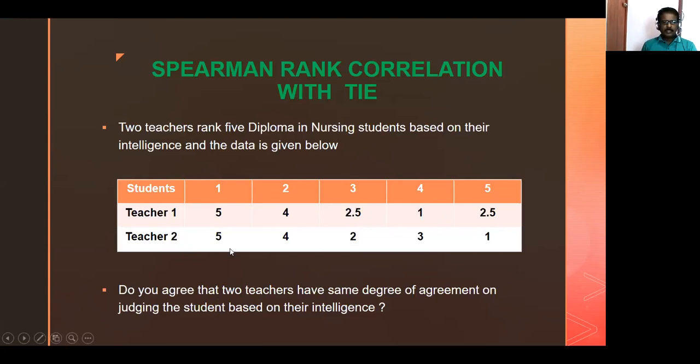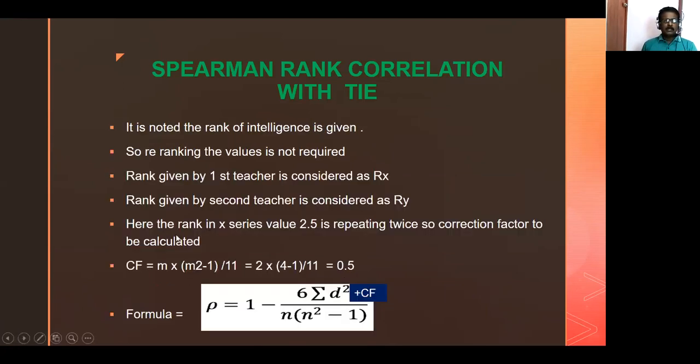There is no repeating in the second teacher's ranking. So the correction factor is to be calculated: m into m square minus 1 by 12. So 2 times repeated, 2 into 2 square, 4 minus 1, by 12, that is 6 by 12. So 0.5 is the correction factor.